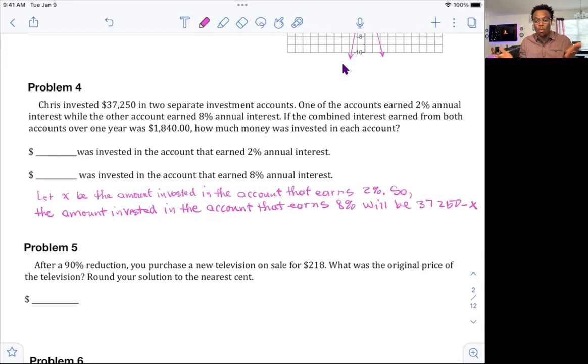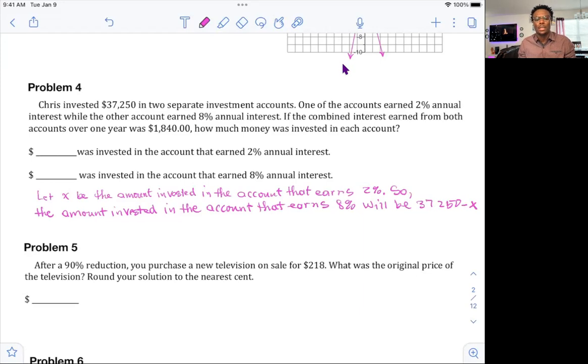Because the 37,250 was only separated between the two accounts. So if I have X for one, then the total minus X would be for the other one.